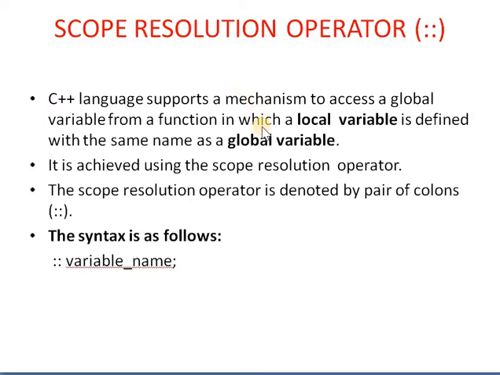Means, by using the scope resolution operator, you can access the global variable in a local variable. Means, global variable's value is accessed in a local variable by using the scope resolution operator. For defining any scope resolution operator, you want to follow the following syntax, that is double colon sign and then variable name.